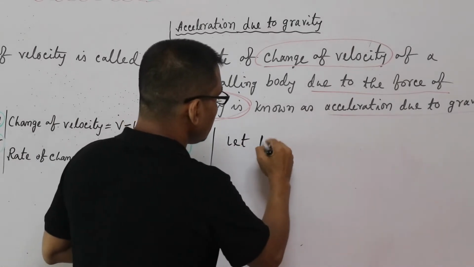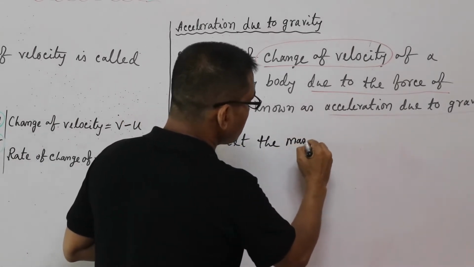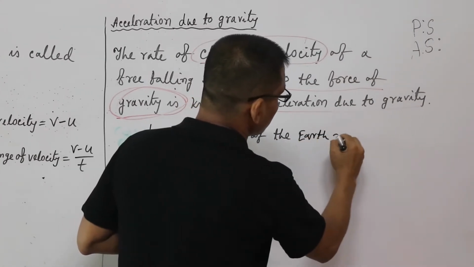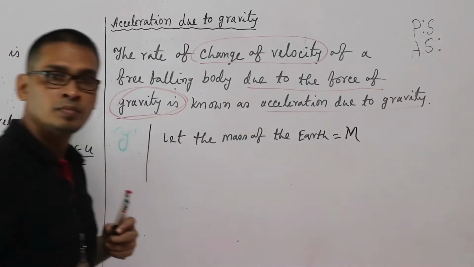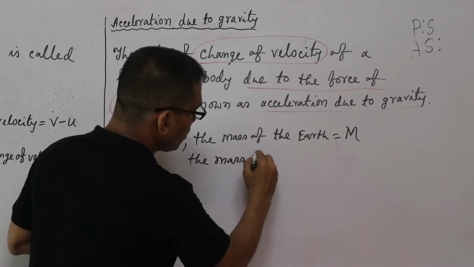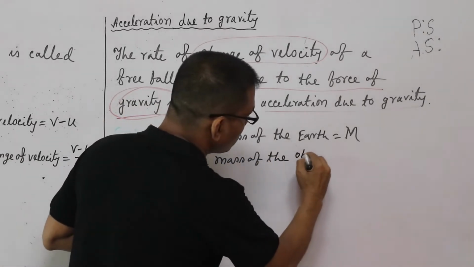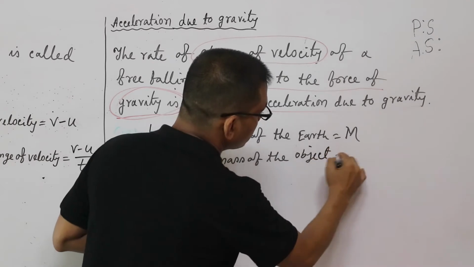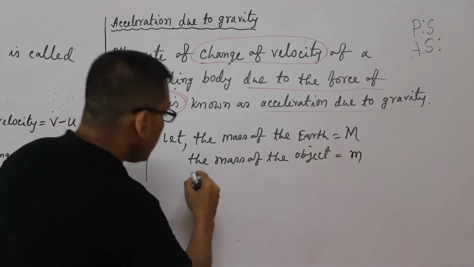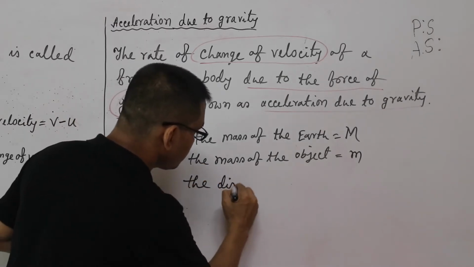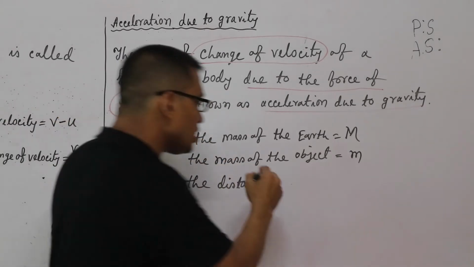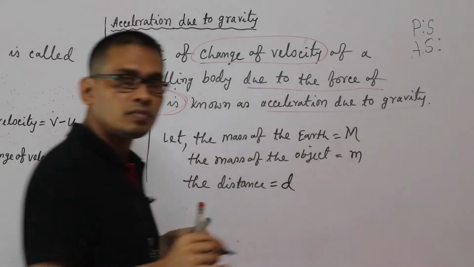Let the mass of the earth be capital M, the mass of the object near to earth be small m, and the distance between the earth and that object be d.